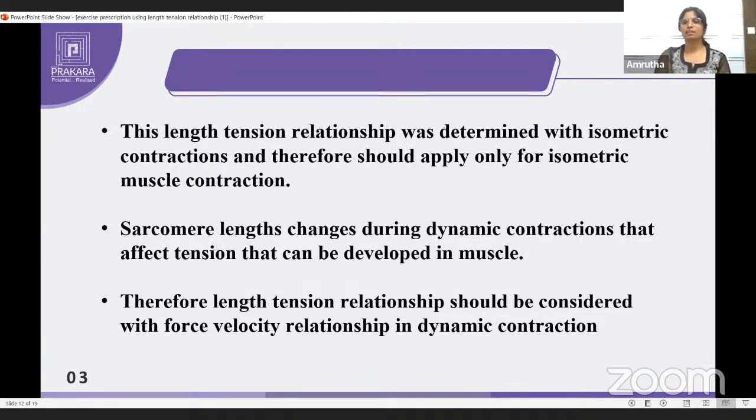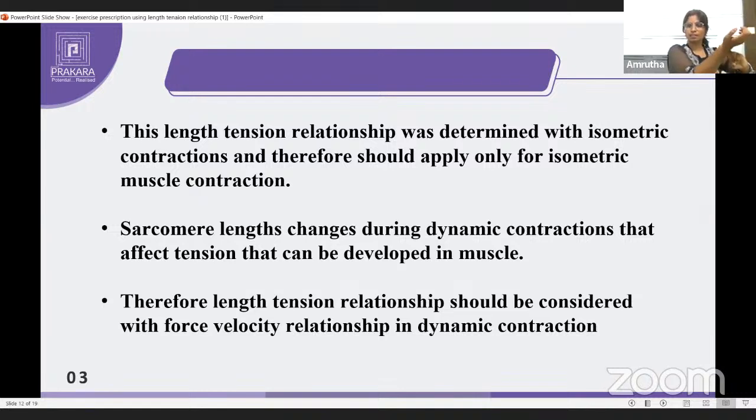Now I'm asking a patient to go for resisted elbow flexion. So yeah, resisted elbow flexion. So once the patient has reached the optimal length or the resting length. Okay, I'll be using the word optimal length here.